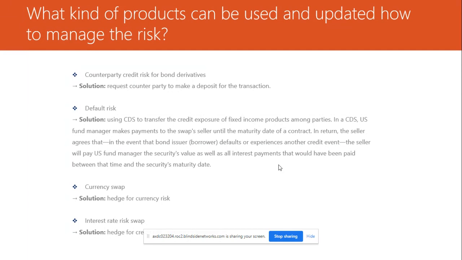And to manage the default risk, you can use CDS to transfer the credit exposure to other parties, such as the bank. And to hedge the currency risk, you can use the currency swap for hedging in the leverage case.